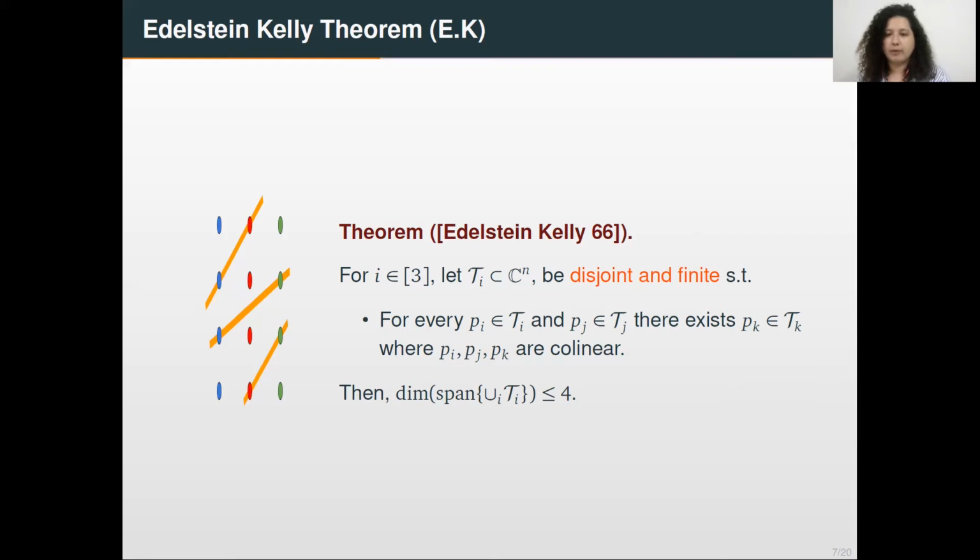Assume you have 3 sets of disjoint complex points with the following property: whenever you choose 2 points from different sets and draw the line that goes through them, this line intersects the third set in some point. This is what we call an Edelstein-Kelly configuration. If you have an Edelstein-Kelly configuration, then the theorem states that the dimension of the points is smaller or equal to 4. That means that the points live in a complex space of dimension at most 4.